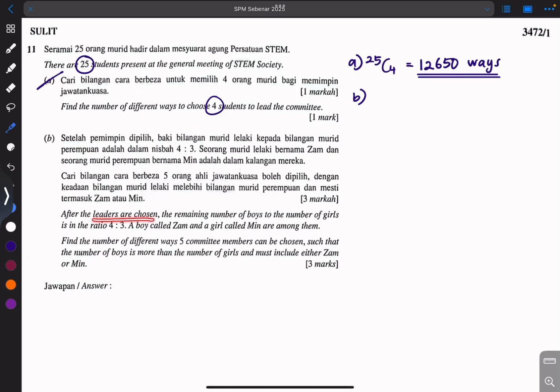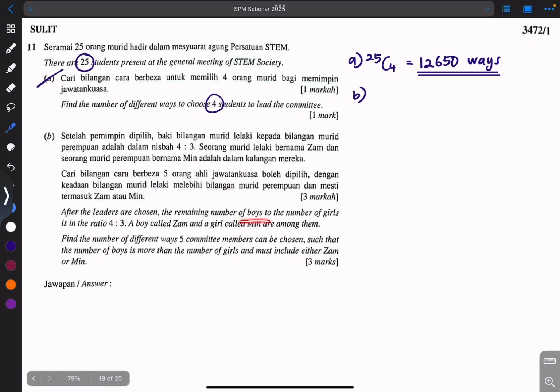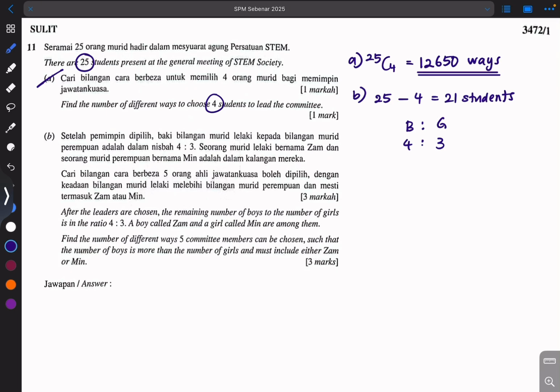After the leaders are chosen, the remaining number of boys to the number of girls is in the ratio of 4 to 3. Okay, so 25 students we had in total, 4 already got chosen. So we have 21 students remaining. These 21 students are split into the ratio of 4 to 3. So we need to find the actual number of students. So we have 21 in total.